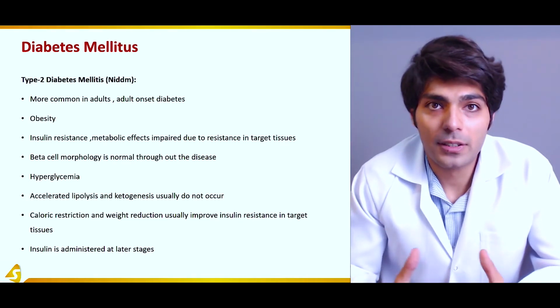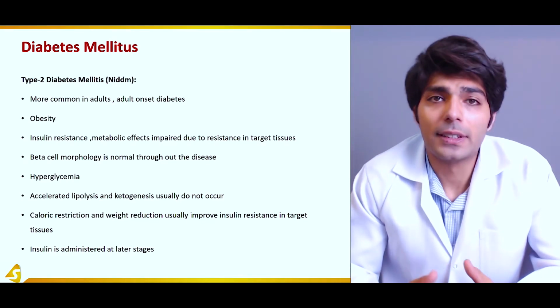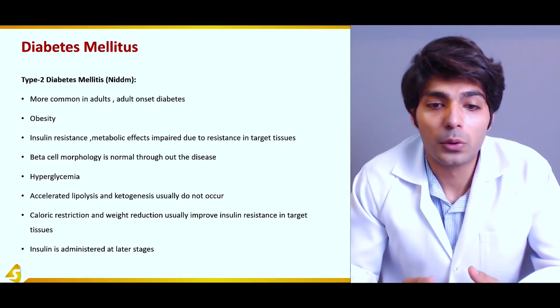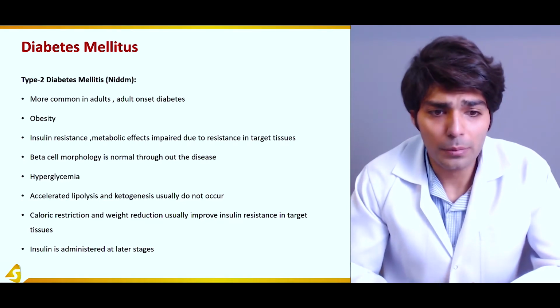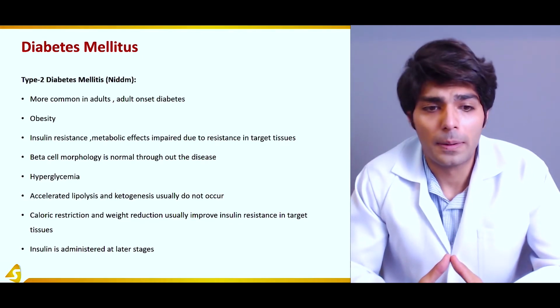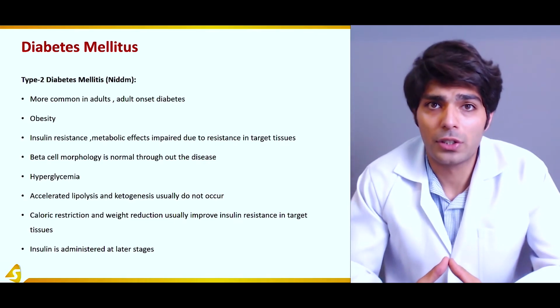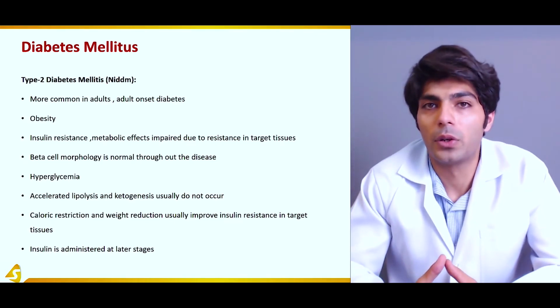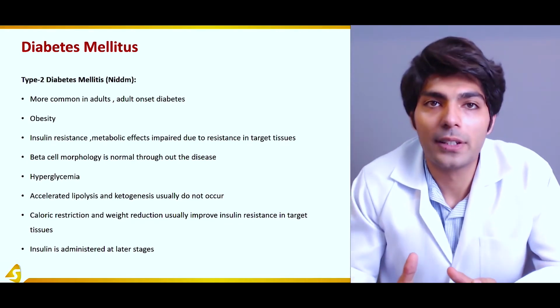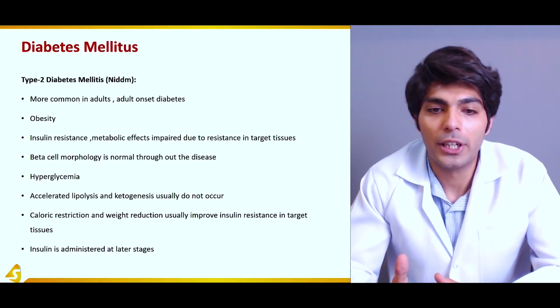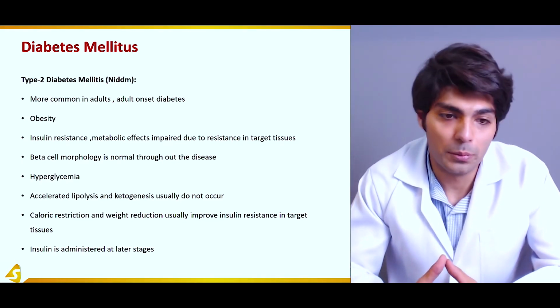It causes hyperglycemia. There's an accelerated lipolysis, and ketogenesis usually does not occur because normally insulin in the adipose tissue inhibits the oxidation of fatty acid, inhibits lipolysis, activates the lipogenesis effect, and inhibits the ketogenic or ketone body formation.